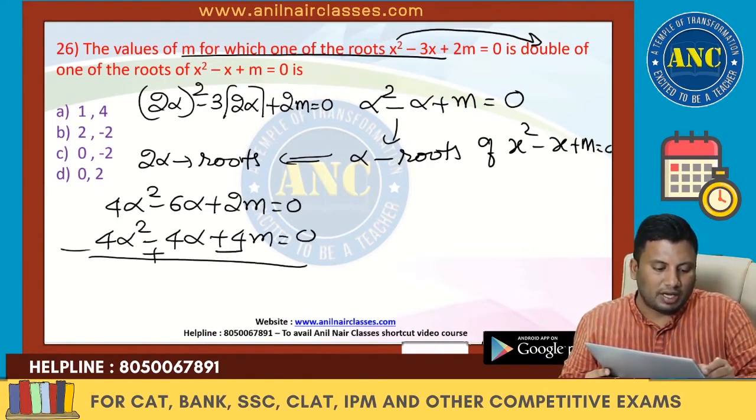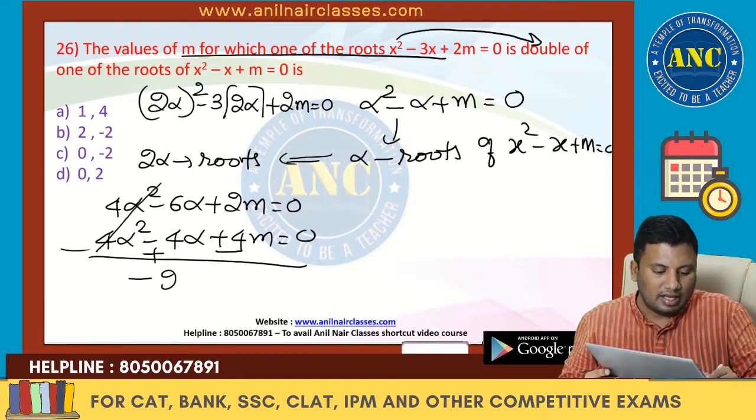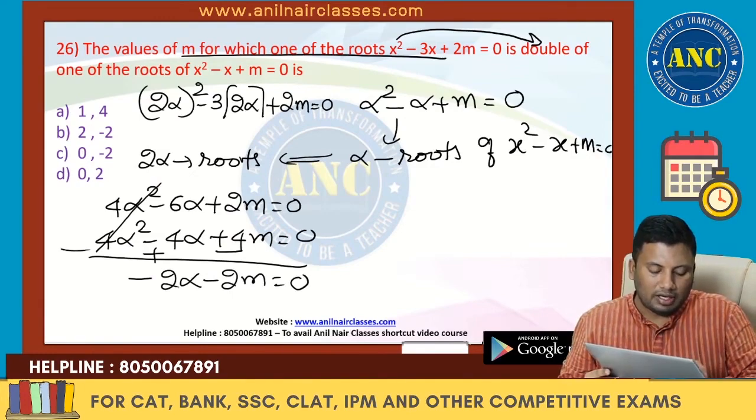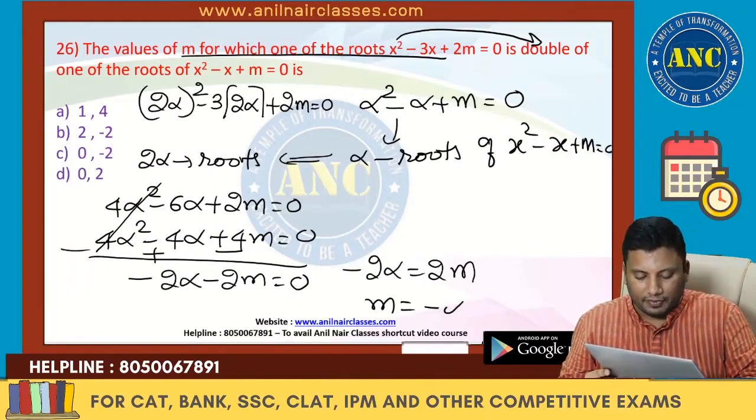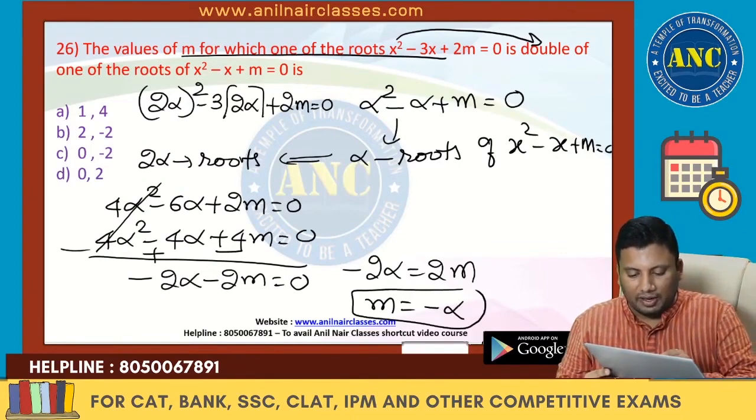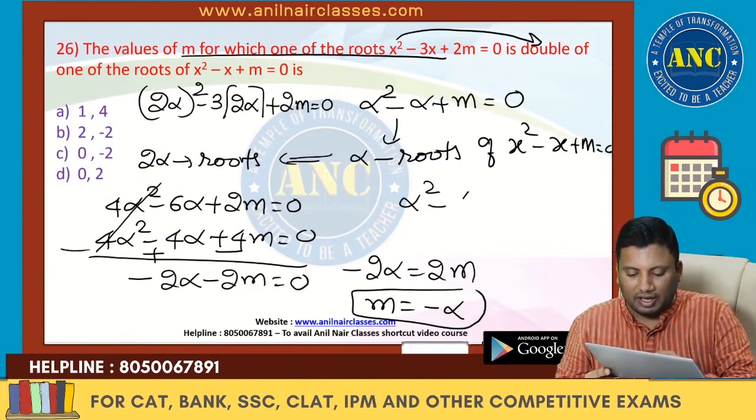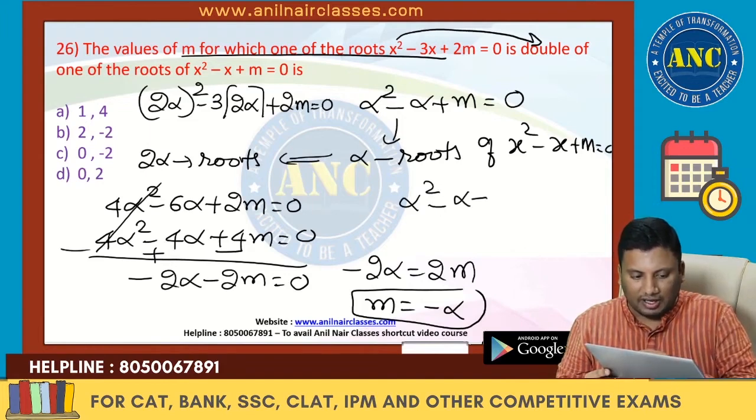Subtracting, these cancel, these minus 2 alpha, these minus 2m equivalent to 0. Minus 2 alpha equivalent to 2m. m is nothing but minus alpha. If m is nothing but minus alpha, alpha square minus alpha equivalent to 0.